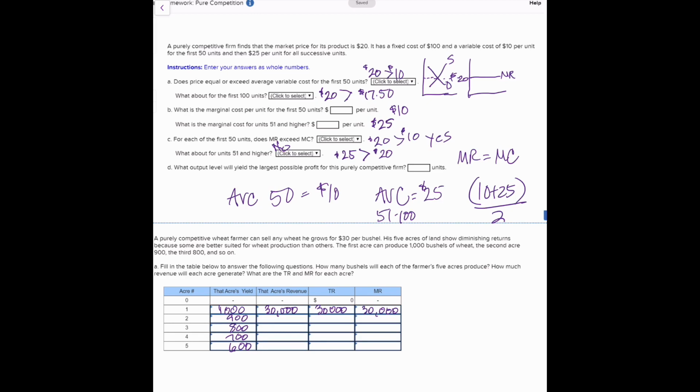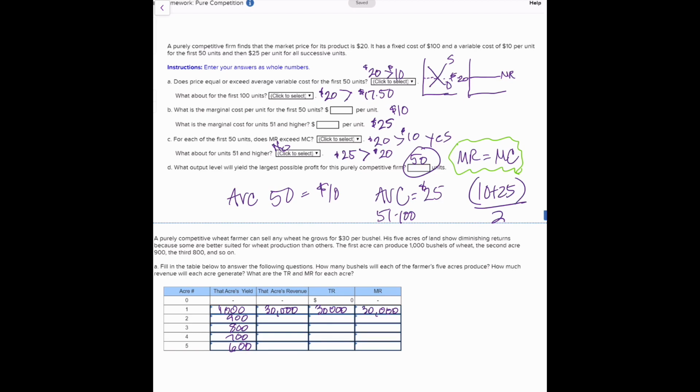And D, what output level will yield the largest possible profit for this purely competitive firm? That output level is 50 units because by definition, profit maximizing means we produce until the point that marginal revenue is equal to marginal cost.